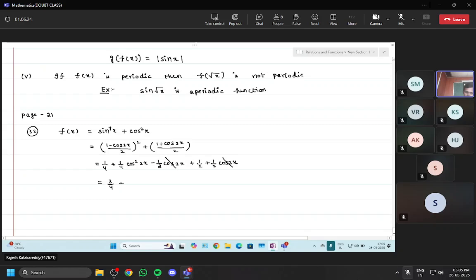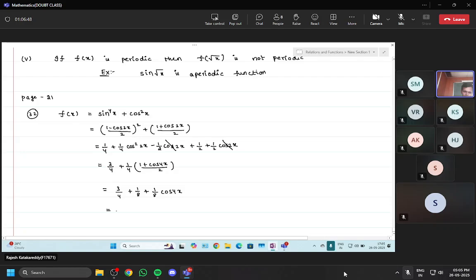Now plus 1 by 4 into, we are writing, (1 plus cos 4x) by 2. Like this is 3 by 4 plus 1 by 8 plus 1 by 8 into cos 4x. How much is, I think this is 7 by 8.